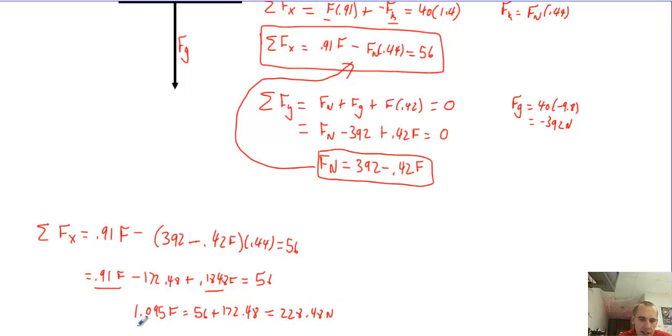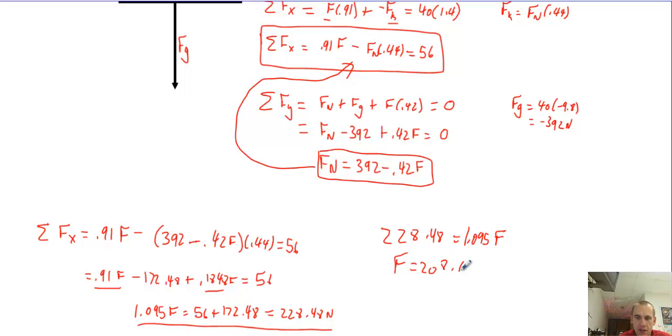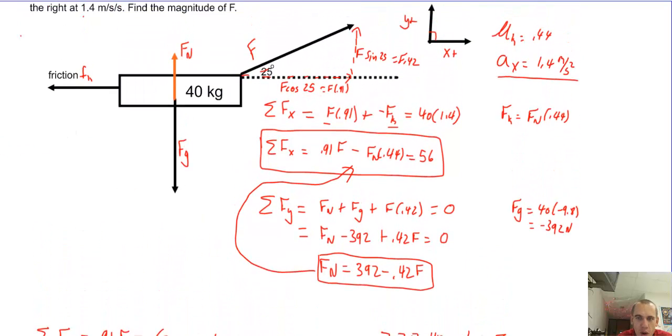Now I can take this equation and find F. So 228.48 equals 1.095 F. Divide both sides of this by 1.095, and I get force F equals 208.66 newtons.